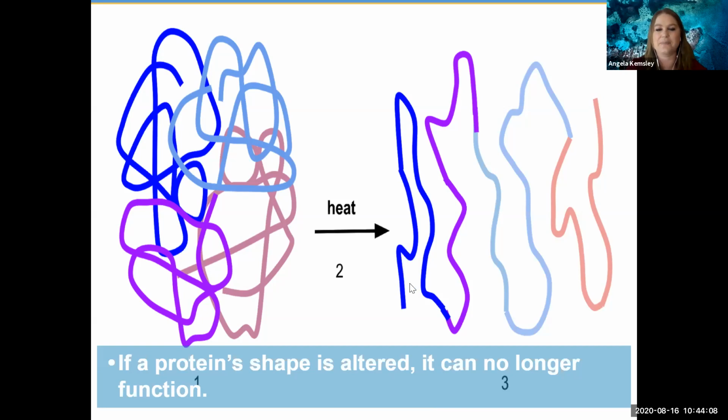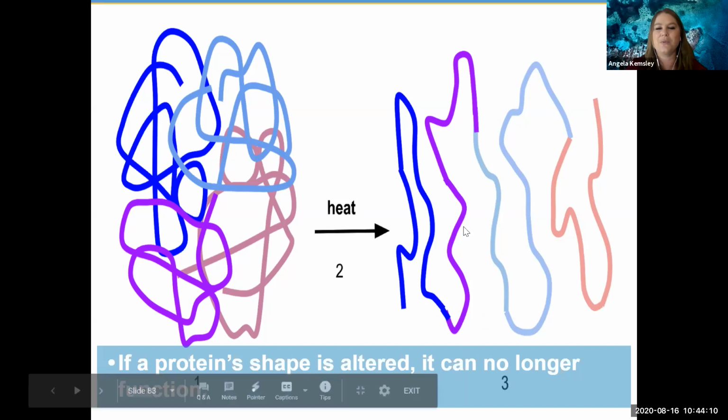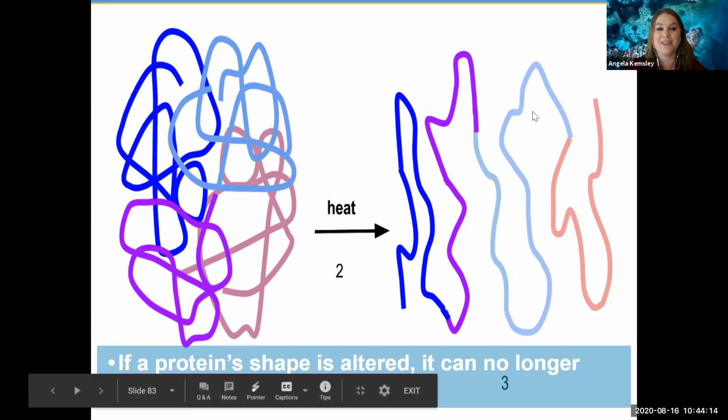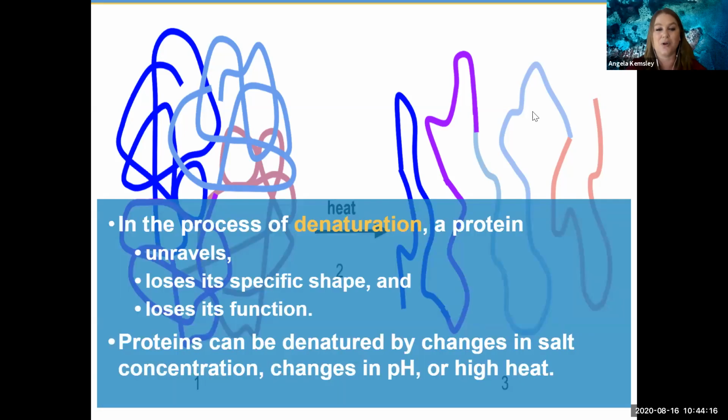We call it denaturing. And when you start breaking those bonds, you change the shape, which makes it so the protein does not function anymore. So in the process of denaturing a protein, it unravels, it loses its shape, and it loses its function. Proteins can be denatured by changes in salt concentration, by changes in pH, or by high heat.